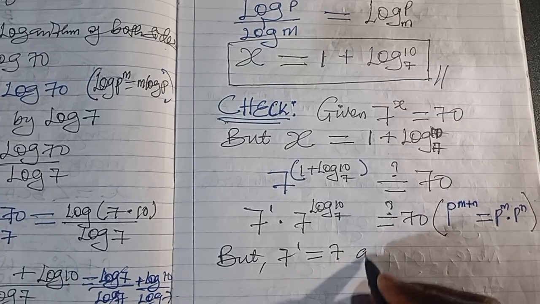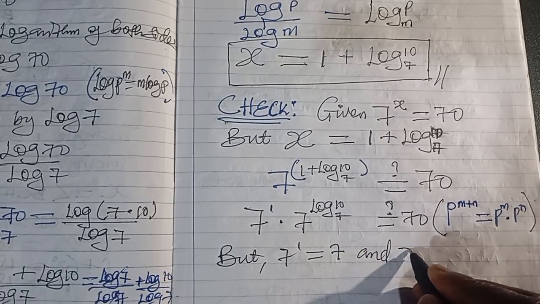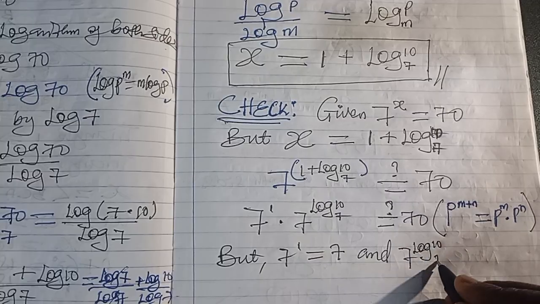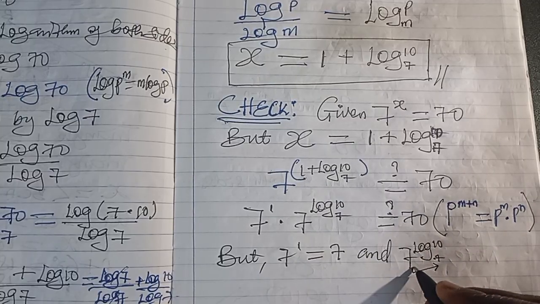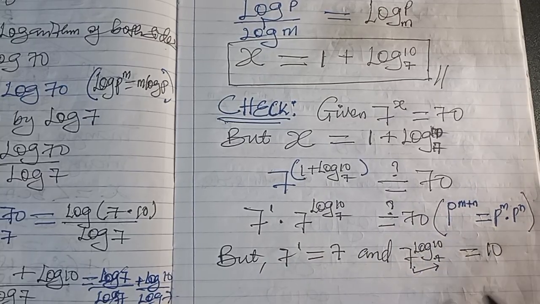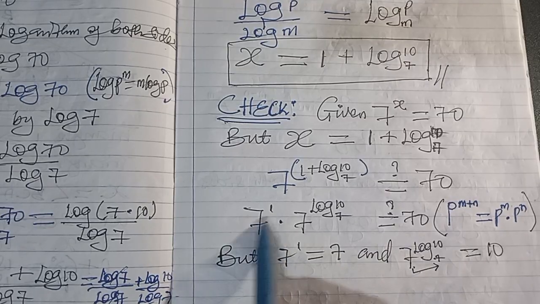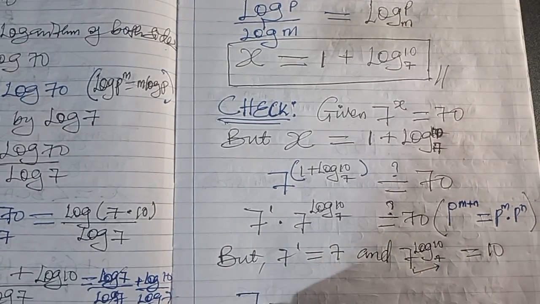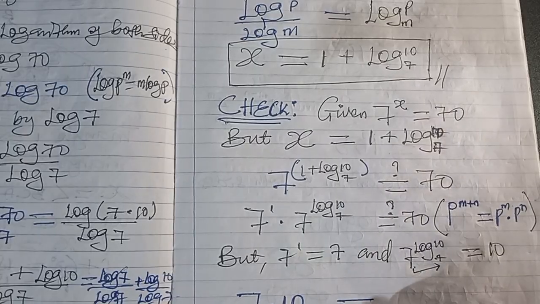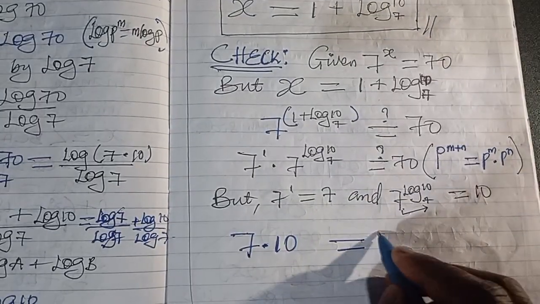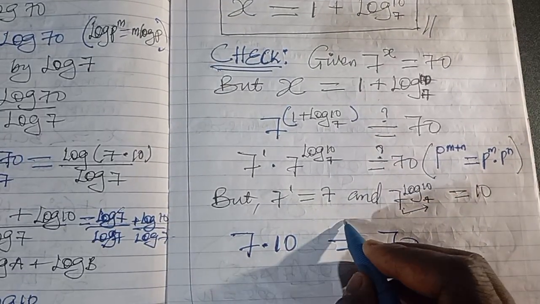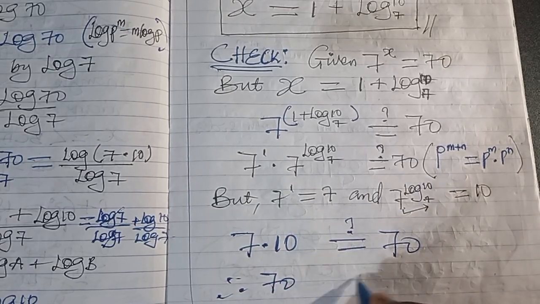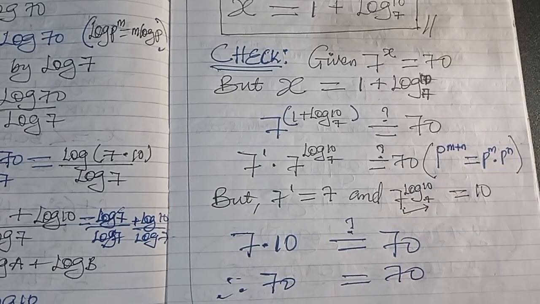Similarly, 7 raised to power log 10 base 7, because of this base, is 10. So let's apply it here. We can now have 7 multiplied by 10. Is it equal to 70? Yes. So I can have 70 is equal to 70.